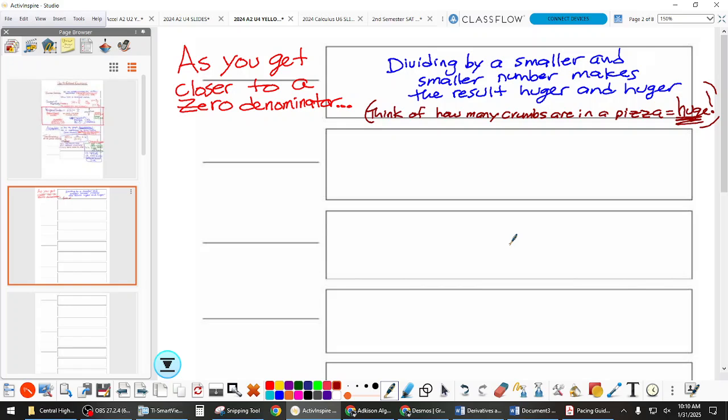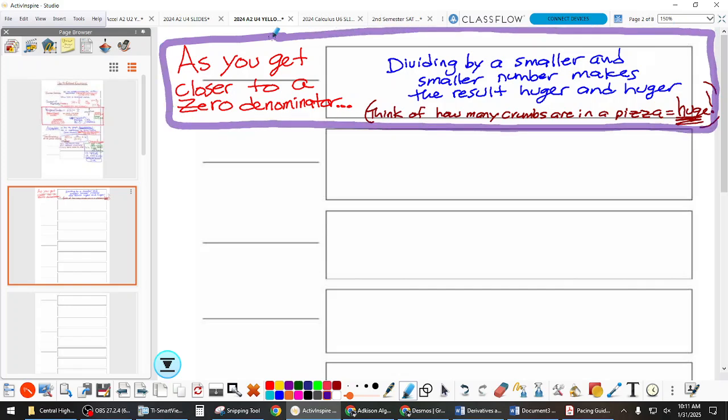So, smaller and smaller number, but never 0. Okay, this is a really, really big deal. So please maybe put this, somehow make this stand out.